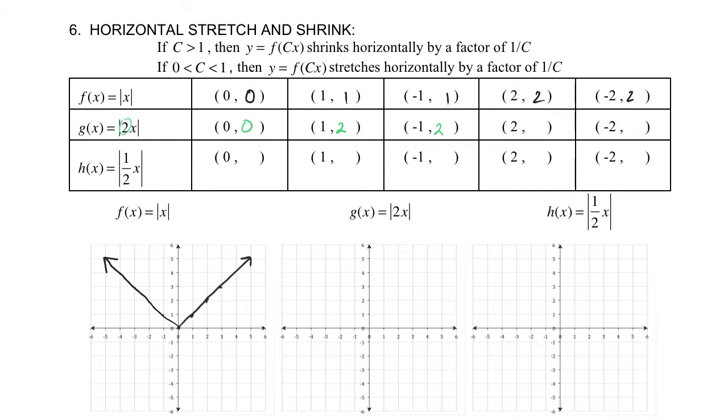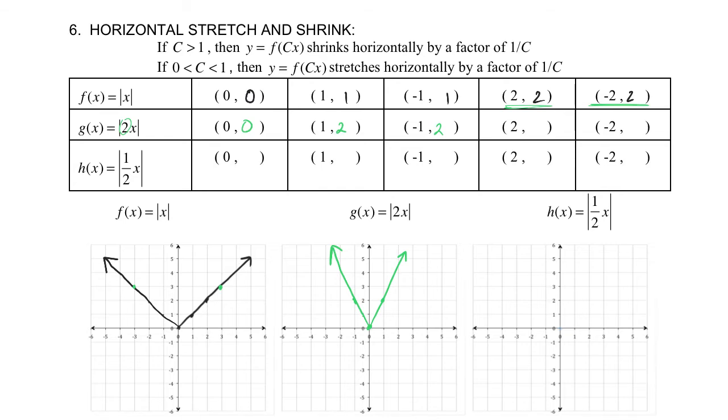All right, so with the horizontal shift, if there's a coefficient being multiplied by the input, just like we got up to 2 right here, it's not going to take us so long to get there. It's just going to take us an input of 1 to get all the way up to an output of 2. So it just shrinks that horizontally.